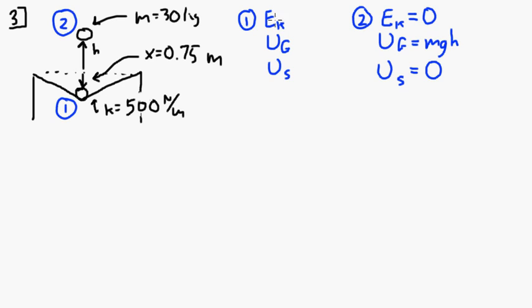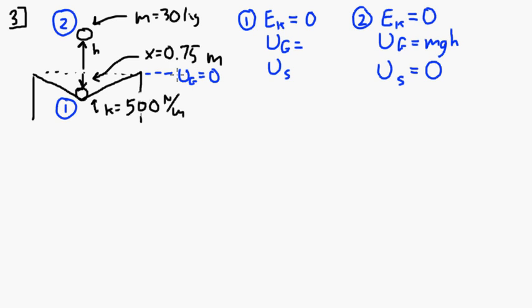Okay? Now, state 1, this is where he's at the very bottom. He's just pushed it all the way down as far as it's going to go, and now he's about to spring back up. So there, kinetic energy is also 0, because now he's frozen for a minute. Gravitational potential energy is going to be... now, this is where it gets tricky. We said this line here is where gravitational potential energy equals 0.